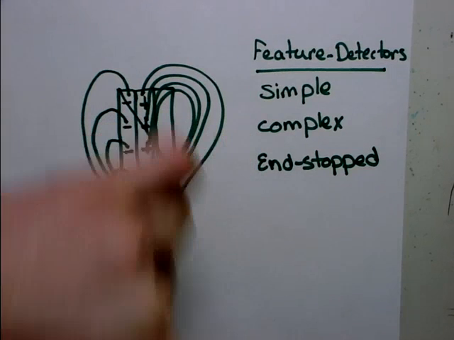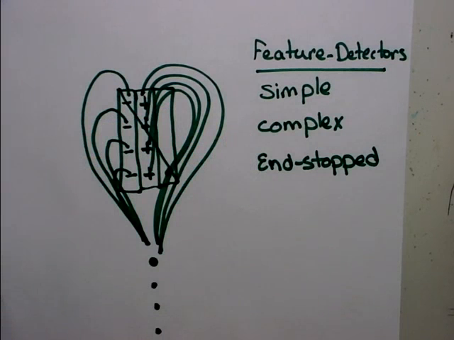Complex cells will respond to light at any position, but only a particular orientation. So they'll respond to a 45 degree light anywhere in the visual field.